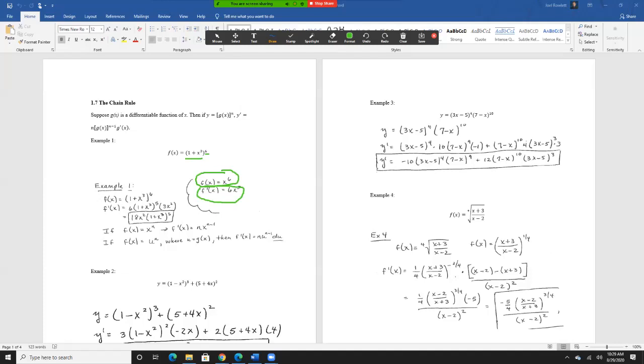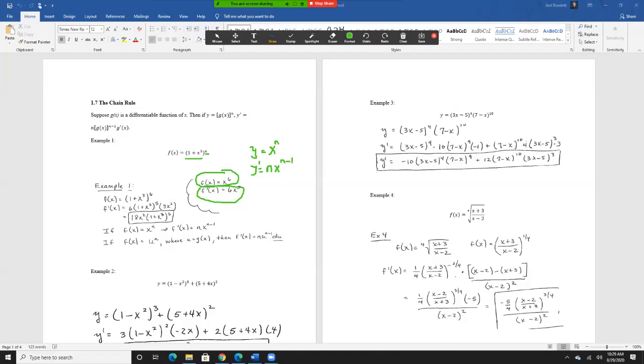Because we know that if y is equal to x to the power of n, then we know that the derivative, according to the power rule, is simply going to be n times x to the power of n minus 1. And that's great as long as you have x to the power of n.